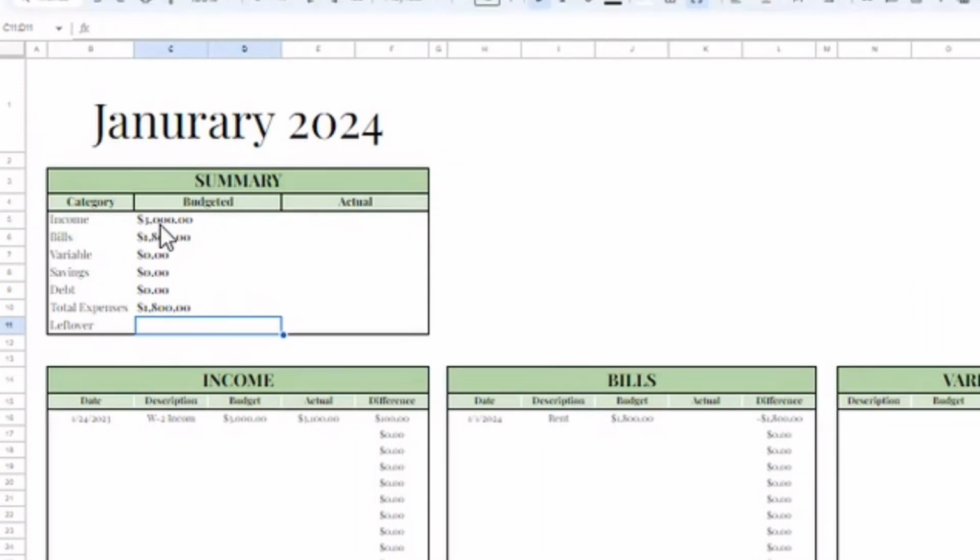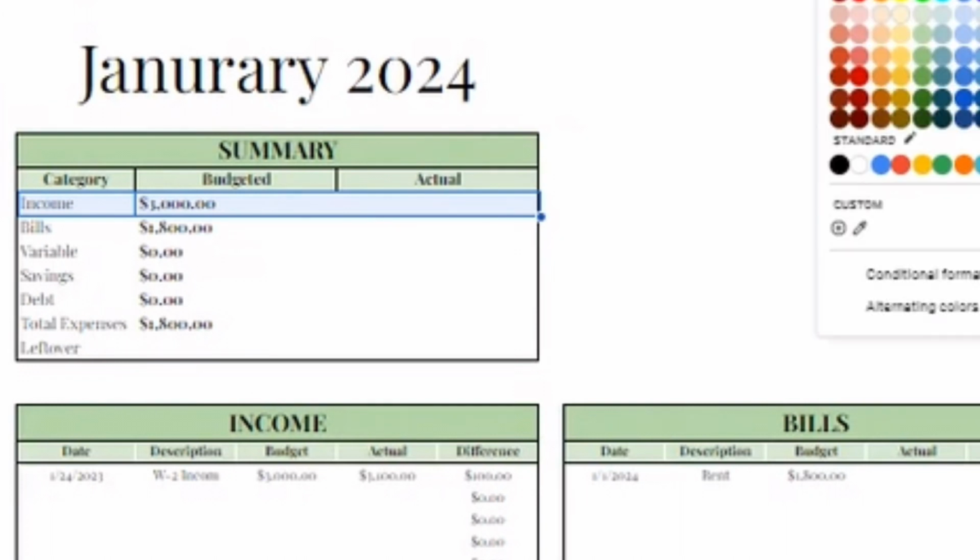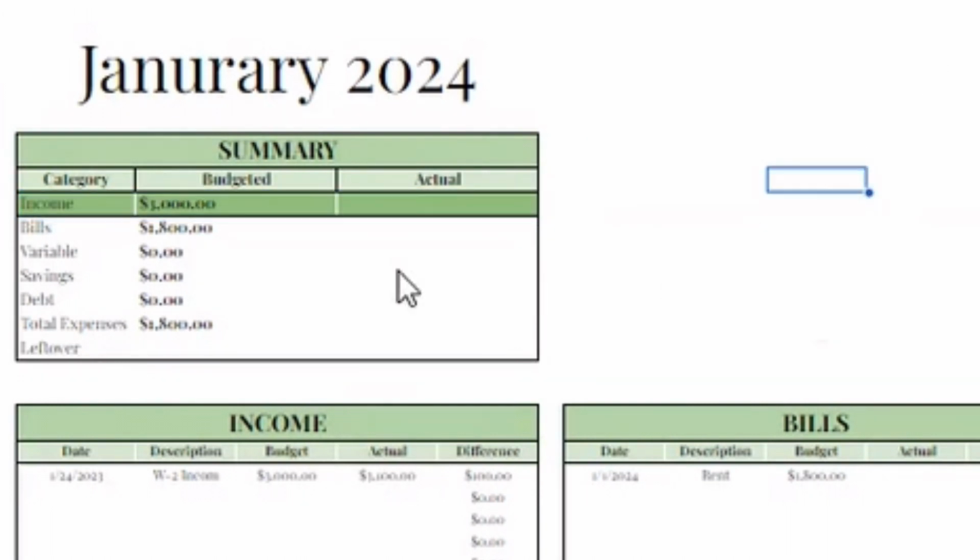And in fact, I would probably do my income separately, like create a box around it so I know that this is different than my expenses. And you could even give this a different color. Let's say you highlight your income a different green color, whatever helps you remember what this is.